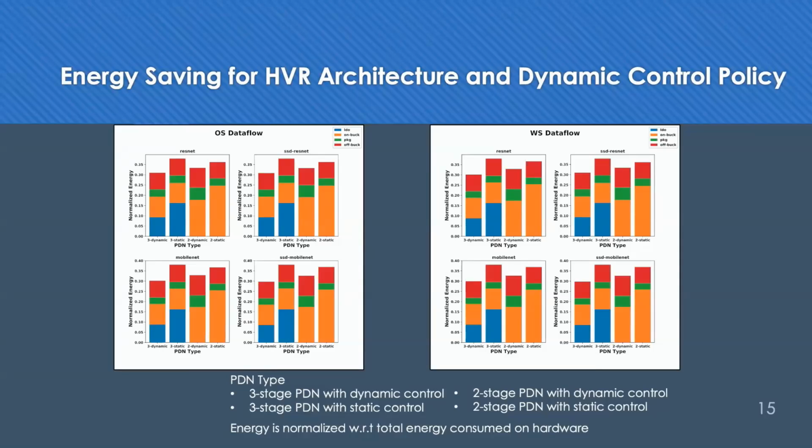All energy components are normalized with respect to the total energy consumed for running the corresponding benchmark in each case. Among all schemes, the three-stage PDN with dynamic control leads to the lowest energy overhead for all benchmarks and for both dataflows. The energy overhead is reduced by up to 10.21% compared to those of the two-stage static PDN.